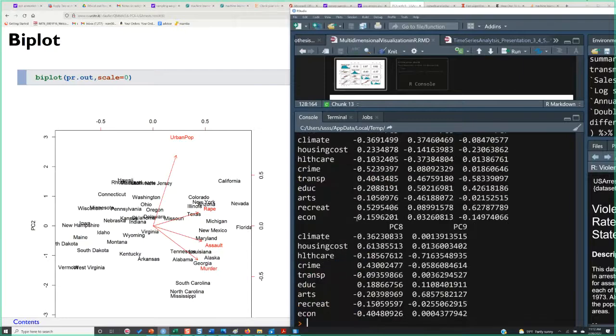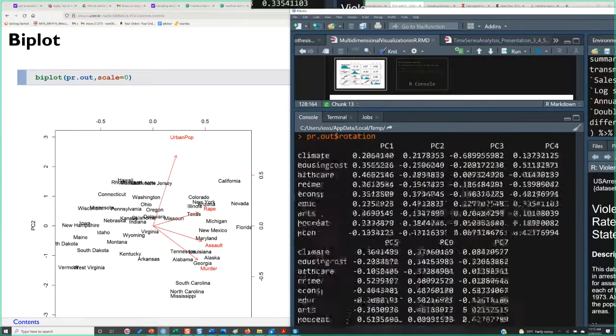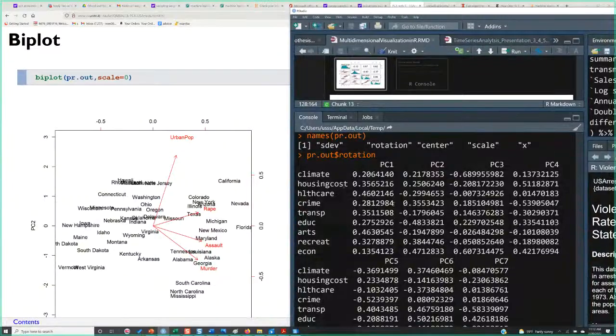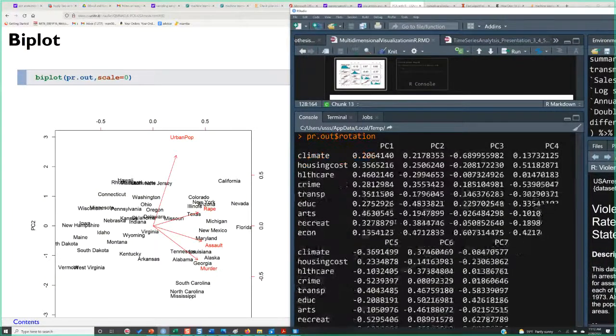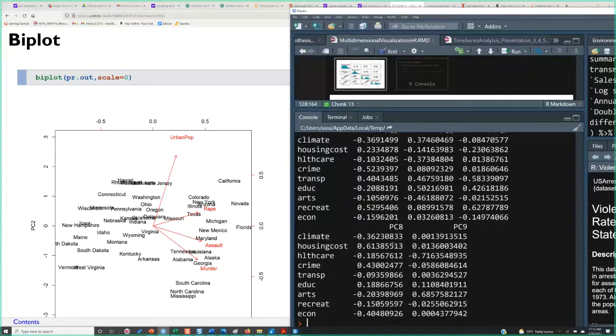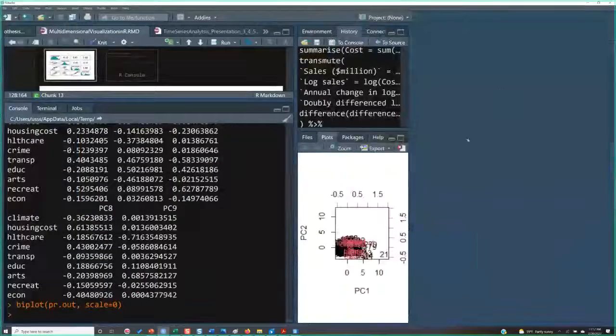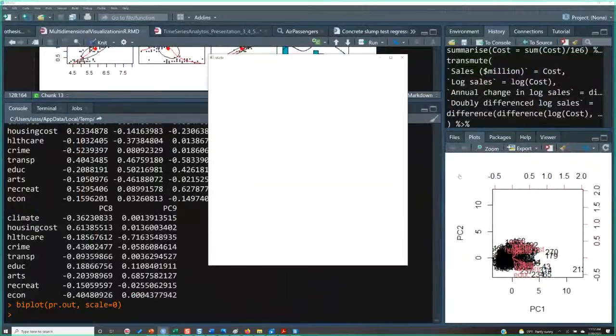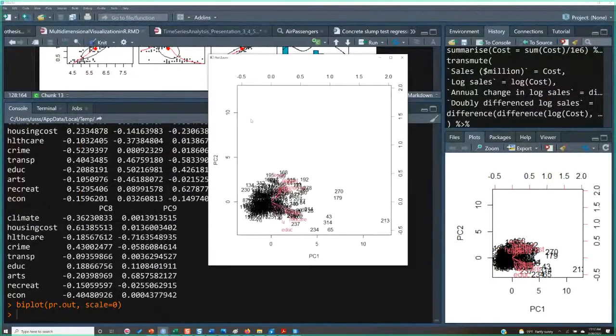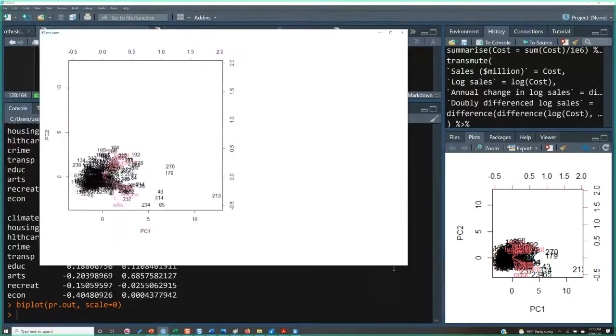These are your eigenvector directions, the principal component directions. We are interested only, but when you do the biplot, it will all come automatically. So biplot of PR out, let's see, zoom, because it has a lot of values, so it might be confusing looking.